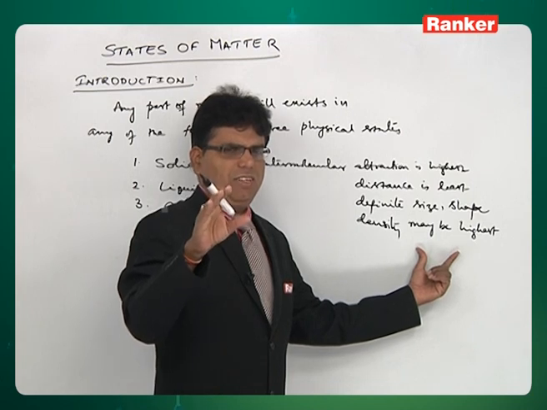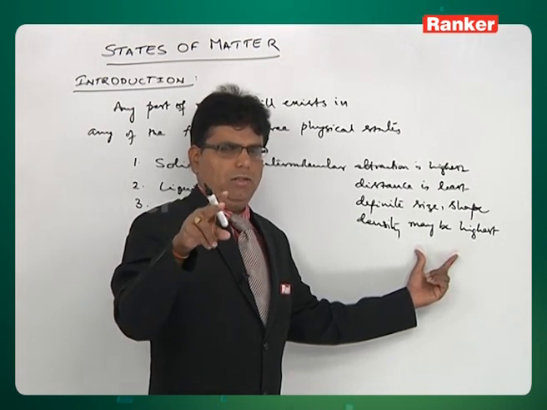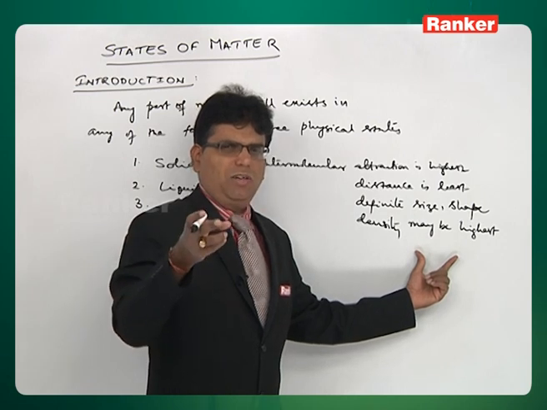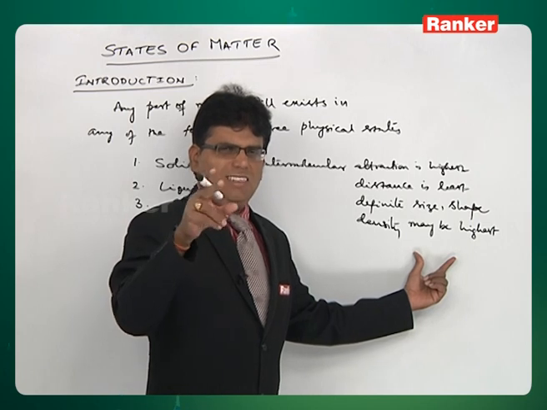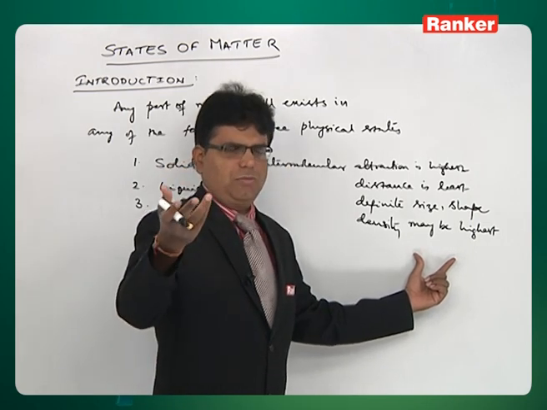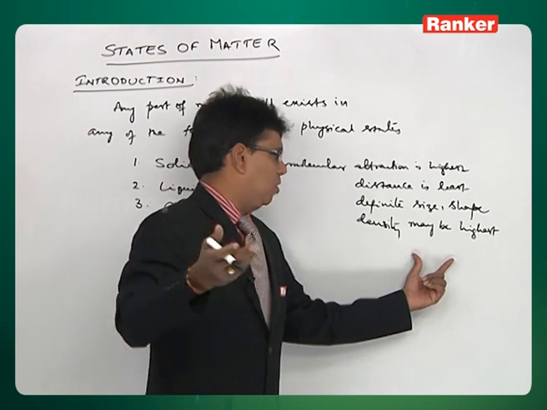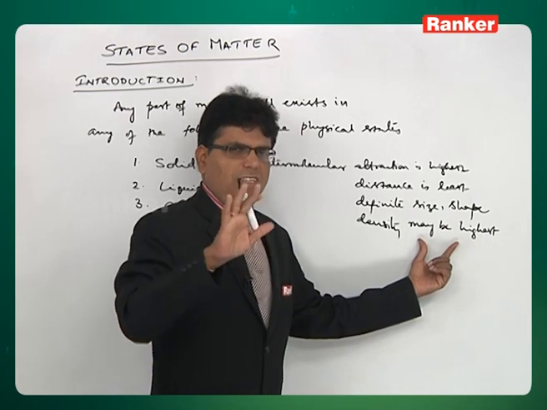But there are certain exceptions. For example, if you take two different forms of water, solid ice and liquid water, the solid ice has a lower density than liquid water. That is an exception. So, that is the reason I am saying that the density may be highest, in general it is highest.